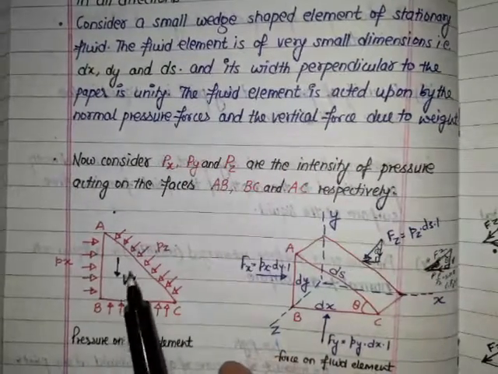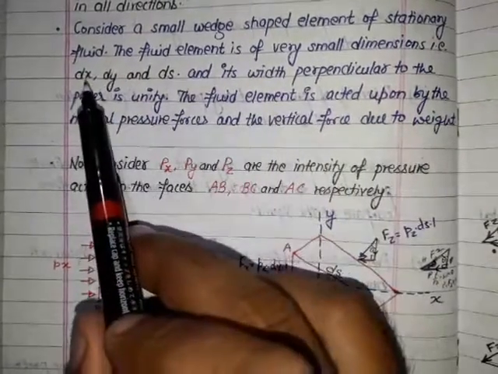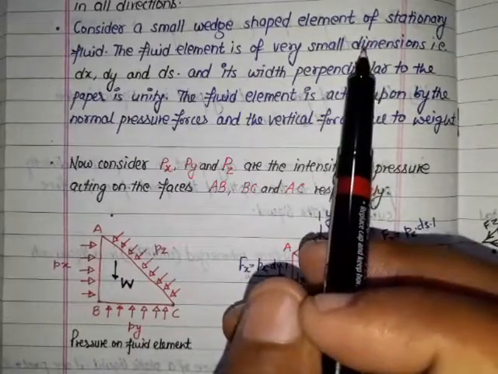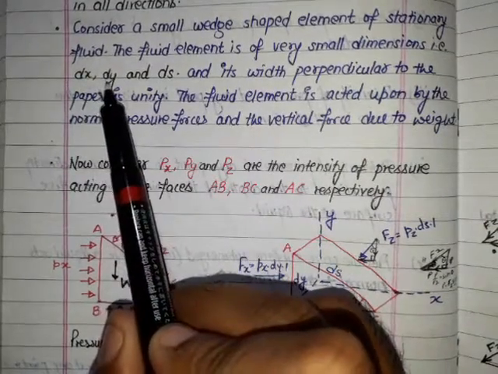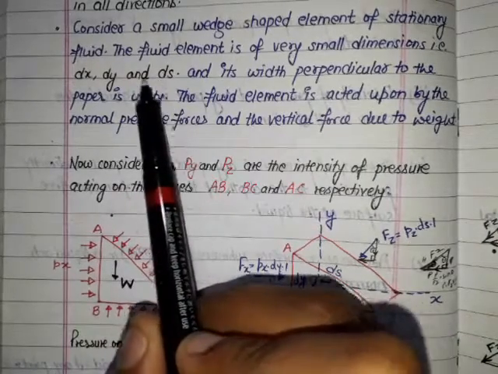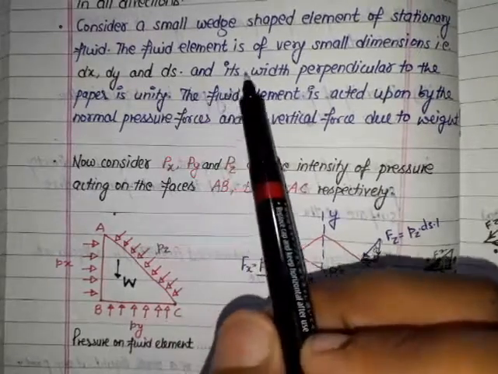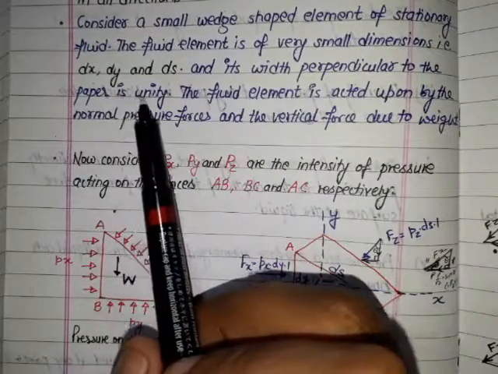This is the small wedge shaped element of stationary fluid, and the fluid element is of very small dimensions. That means dx, dy and ds are the dimensions of the small element, and its width is perpendicular to the paper, so that is unity.